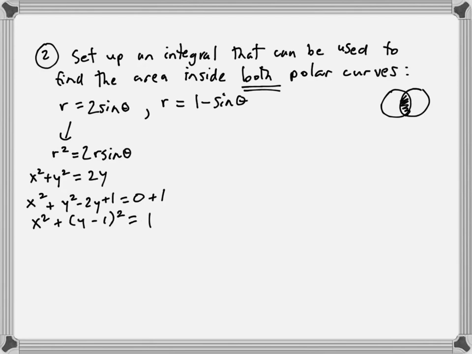Okay. So what is this? This is a circle with radius 1 centered at (0, 1). So let me draw the curves in 2 different colors so you can see it. First of all, I'm going to use red to do this one.